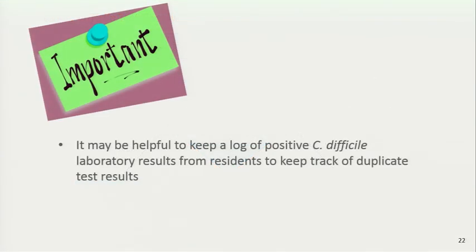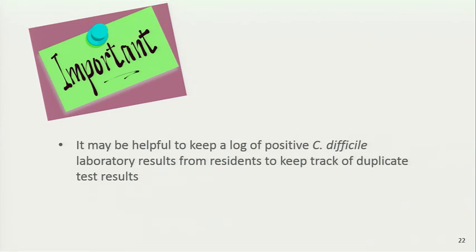It may be helpful, especially if you're fairly new to LabID event reporting, to have a line listing or keep a log of all of your positive laboratory tests. That will allow you to only report the non-duplicates into NHSN.